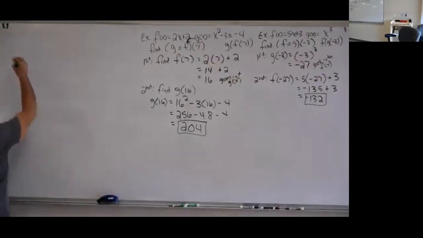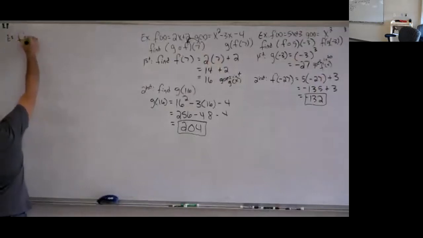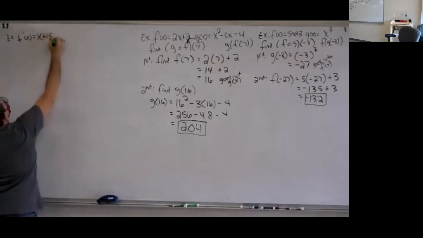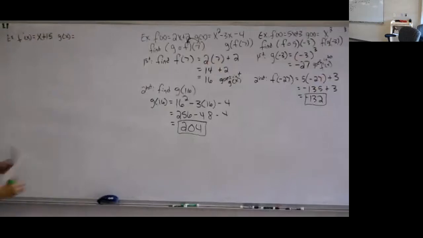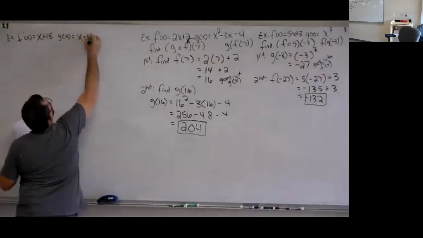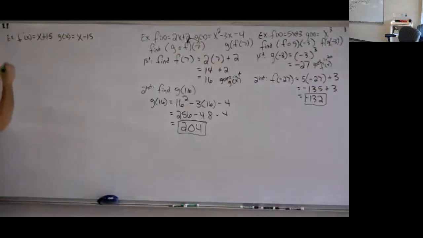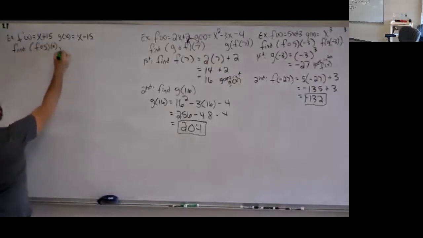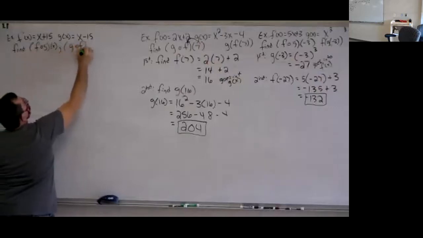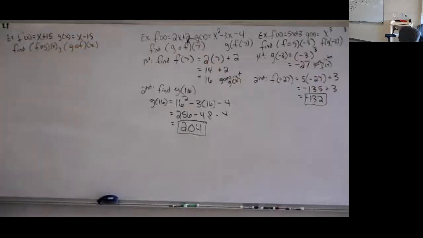All right, y'all, so this one wants a little bit more work. So we're given f of x is going to equal x plus 15. G of x will equal x minus 15. We're going to find f of g of x, g of f of x, and the domain of each.